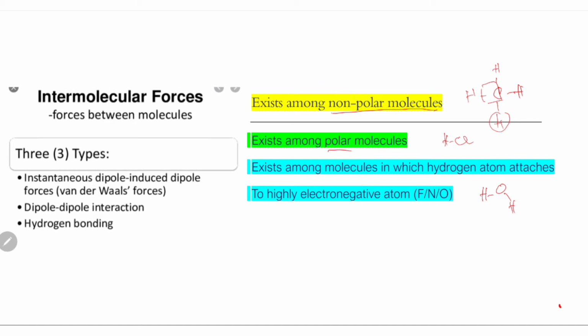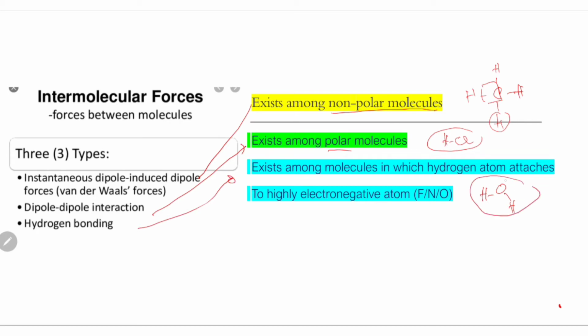So intermolecular forces, there are three types. The first is instantaneous dipole, induced dipole, or van der Waals forces between the non-polar molecules. The second is dipole-dipole interaction between polar molecules such as HCl. And the third is hydrogen bonding.